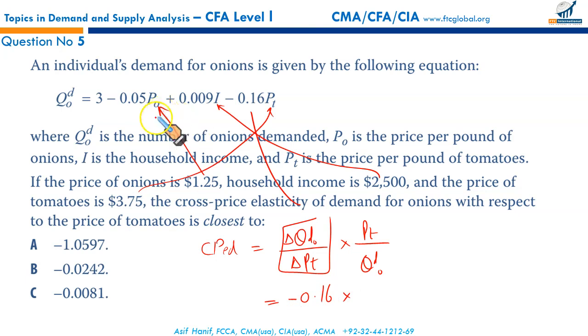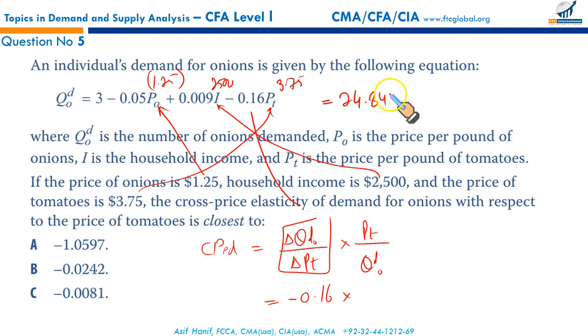Now we can replace the price of onions with 1.25, income with $2,500, and the price of tomatoes as 3.75. If you simplify all of this, this should give you 3.75 times 0.16, and all this would give you 24.84.